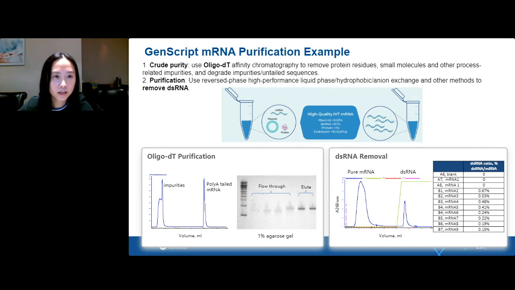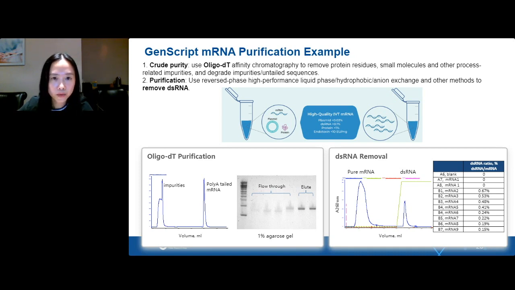Next, let's talk about the purification. Here are listed the high-quality IVT mRNA standards: the plasmid, dsRNA, protein, and endotoxin level.